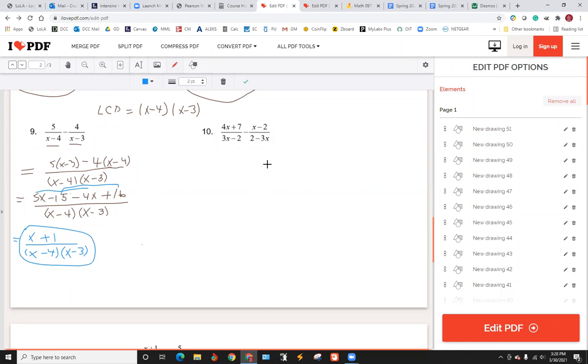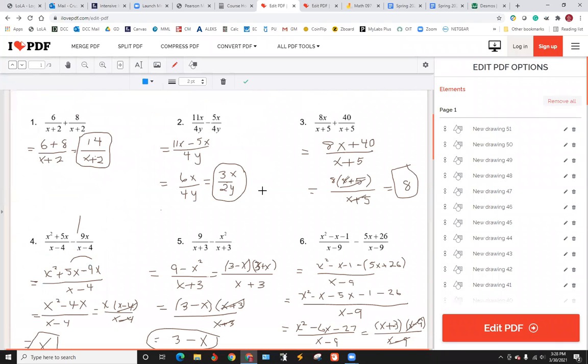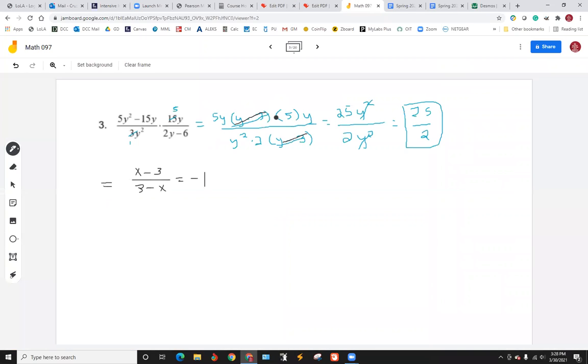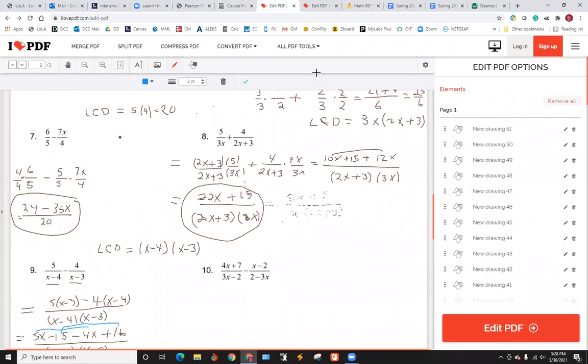Now here's the thing. This is what I had showed you over here on this board. Remember, if they're backwards, then it's a factor of -1. So 2x, see, 3x minus 2.